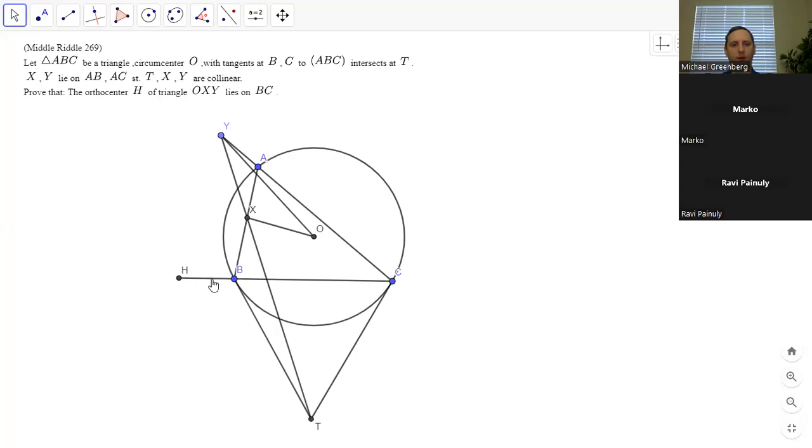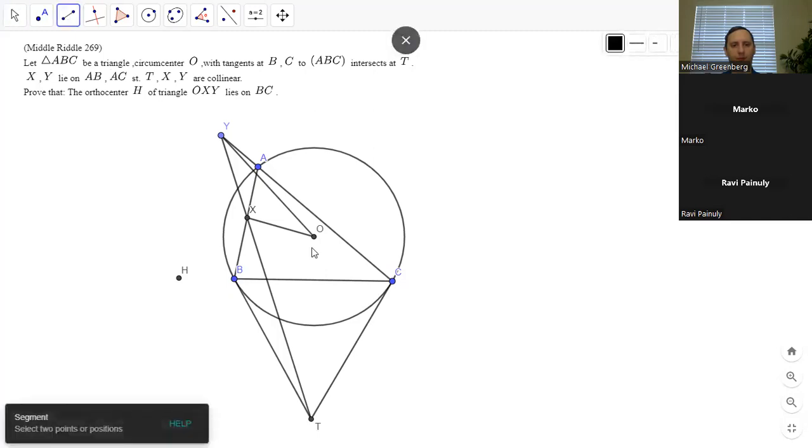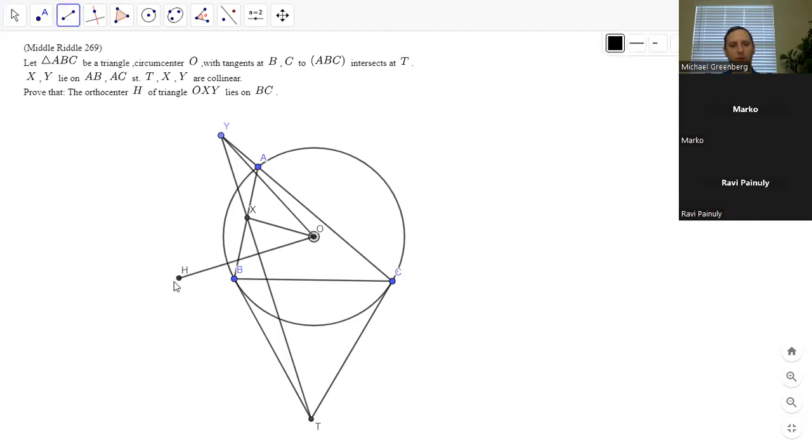How do you know that? Oh, is it just because we know OH is perpendicular to XY? OH is perpendicular to XY. That I get.